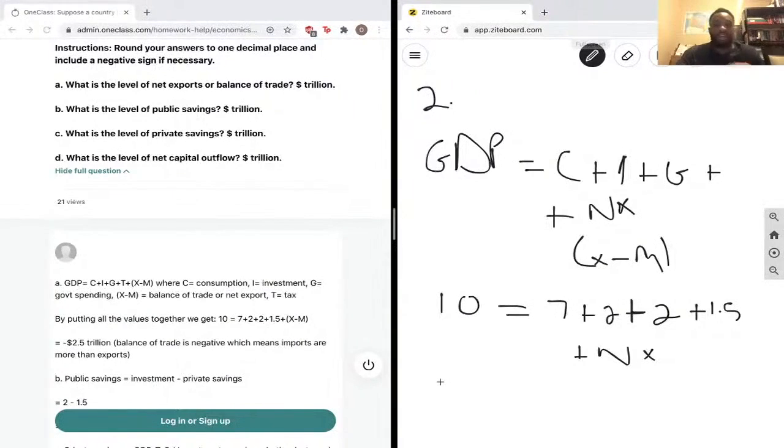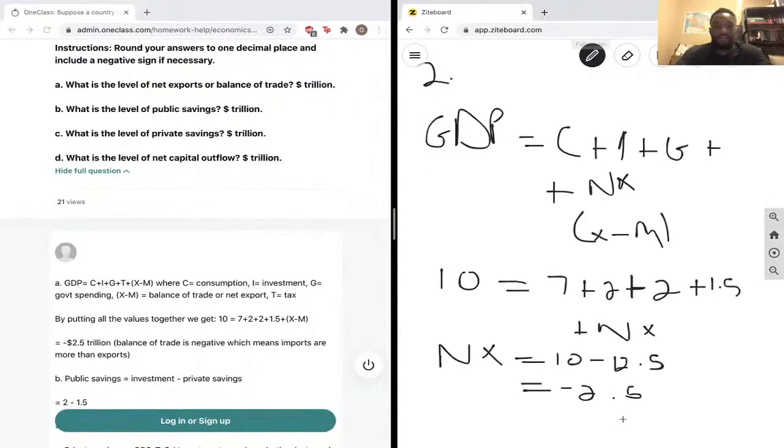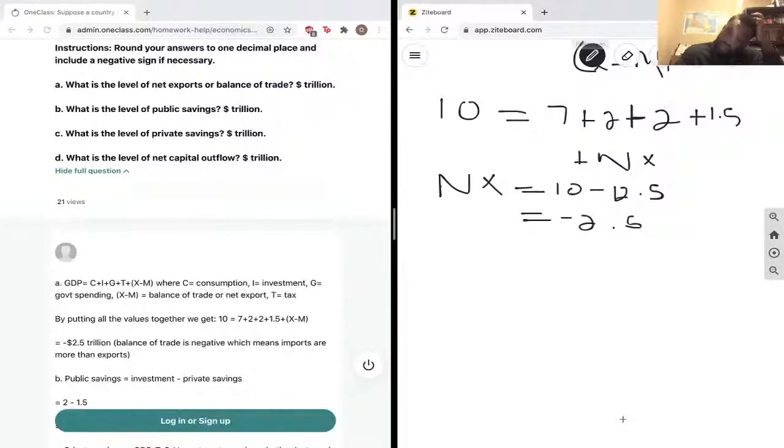So we have NX equals 10 minus 12.5 equals negative 2.5. So we're saying our net exports is a negative number, and it's negative 2.5 trillion.